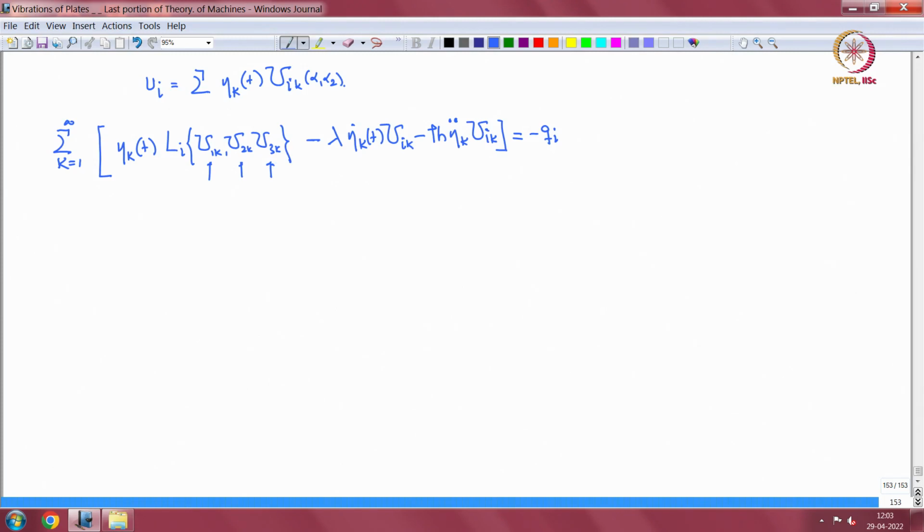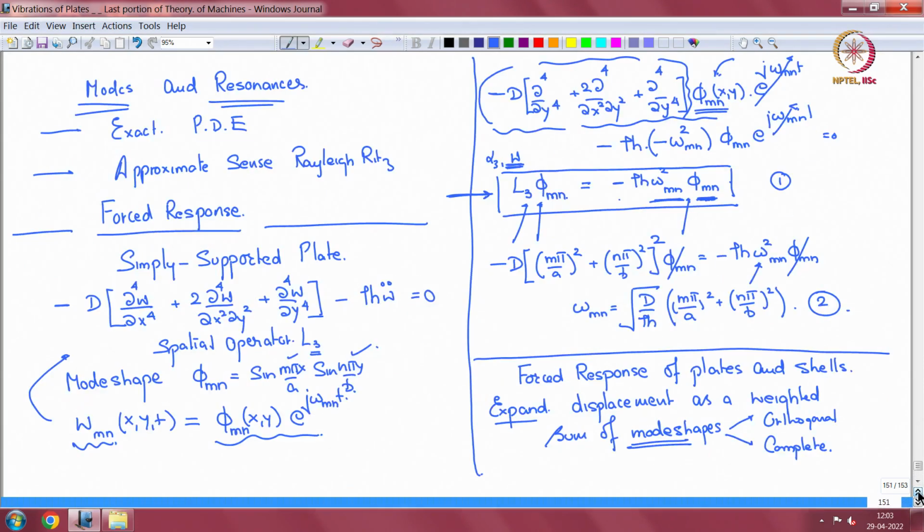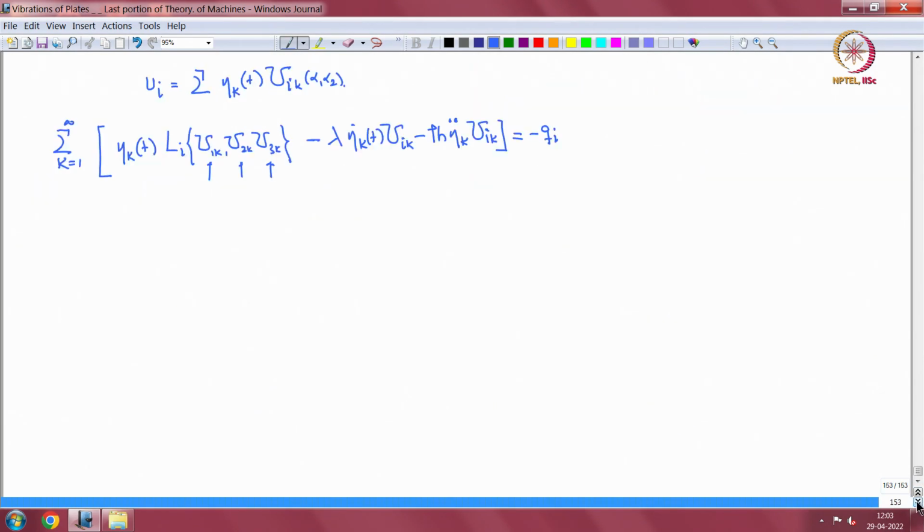Okay, and what did we say last time? Right here, this L3 phi_mn gives me minus rho h omega squared_mn into phi_mn. So here L_i operating on u1k, u2k, u3k will give me minus rho h omega squared_k u_ik.